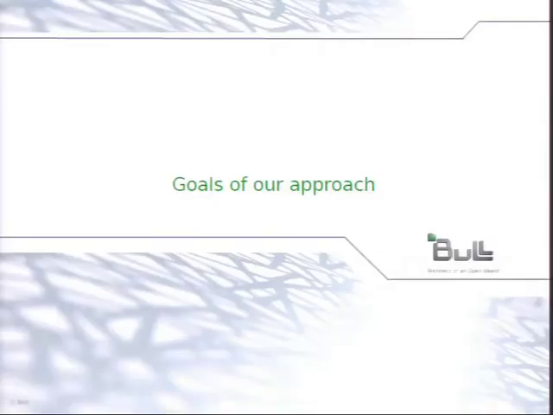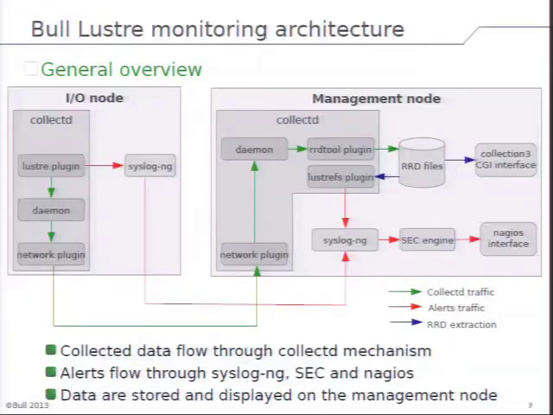Yeah, so the SEC engine is an engine based on regular expressions. So you define some regular expressions about what you would want to pick in the syslog files, and if a rule matches one of your regular expressions, you can specify actions on what to do about this match.